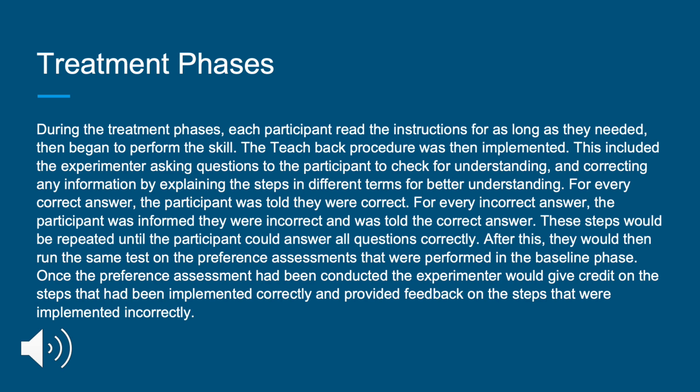These steps would be repeated until the participant could answer all questions correctly, and after this, they would run the same test on the preference assessments that were performed in baseline phases. Once the preference assessment had been conducted, the experimenter would give credit on the steps that had been implemented correctly and provide feedback on the steps that were implemented incorrectly.